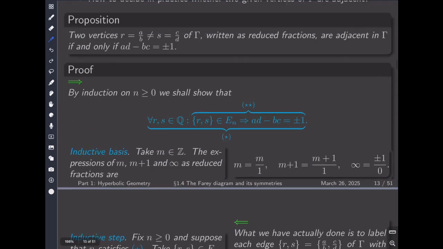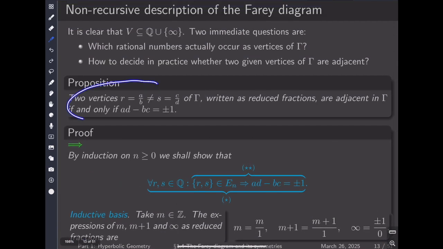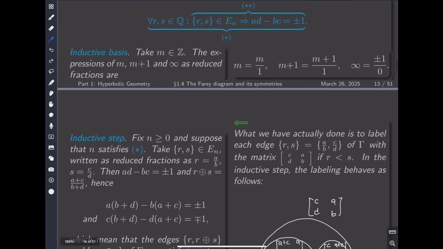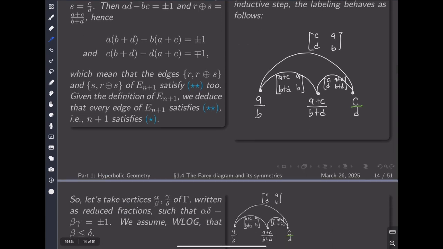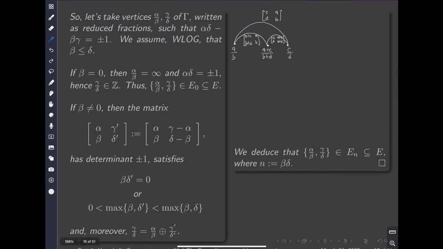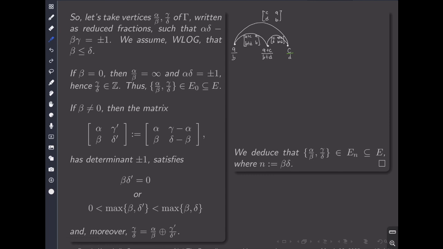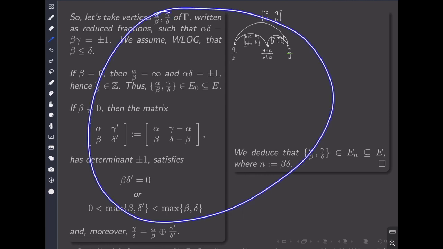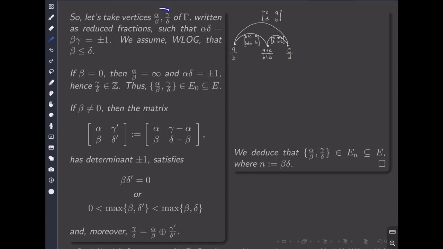So this is really nice. Two given vertices are adjacent if and only if the determinant is plus or minus 1. But you see, I can actually analyze a bit further this argument and notice that I didn't need to suppose that they were vertices of gamma.